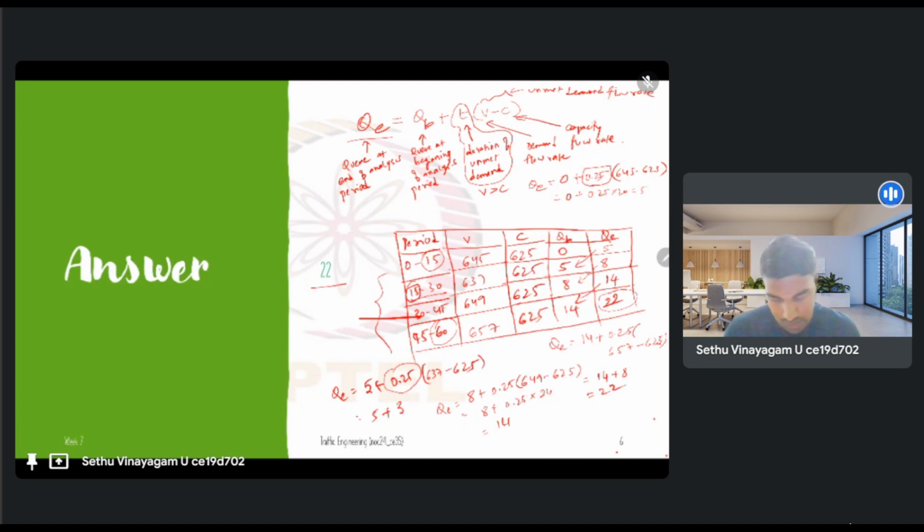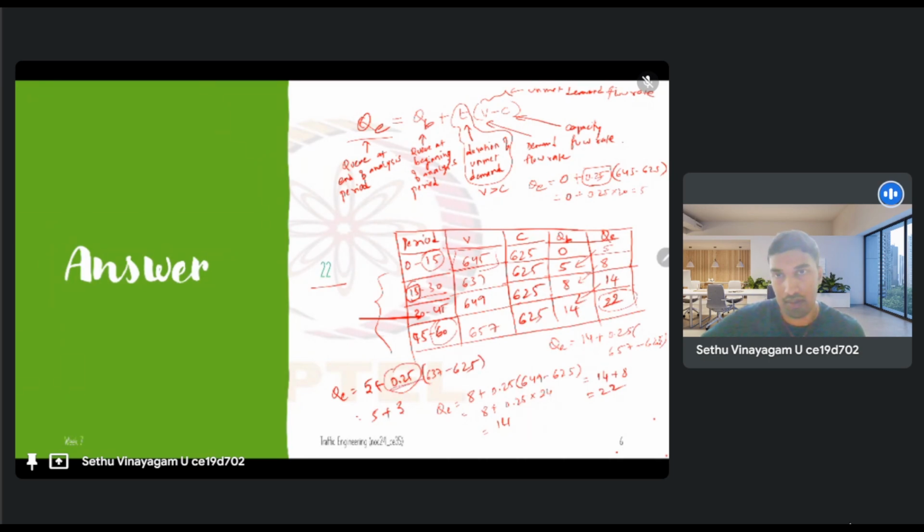Here, because the volume was constantly greater than capacity, we could do it this way. But suppose it was something else. If it was greater only for 10 minutes in our first 15-minute period, where we had 645, and for the last 15 minutes we had something like 620, then we cannot do it like this. We have to split it up.